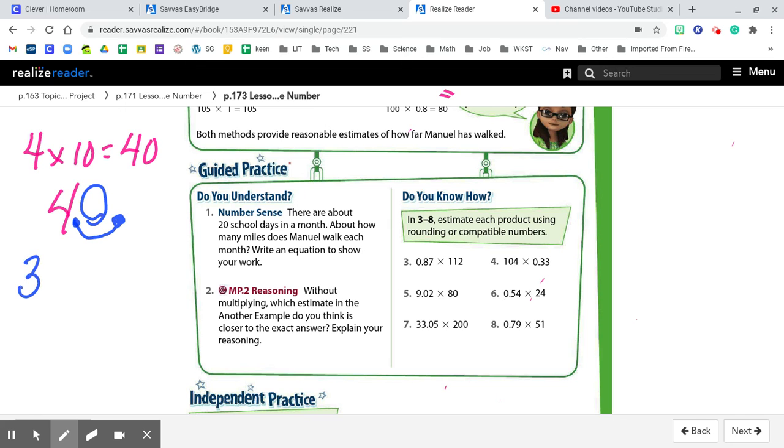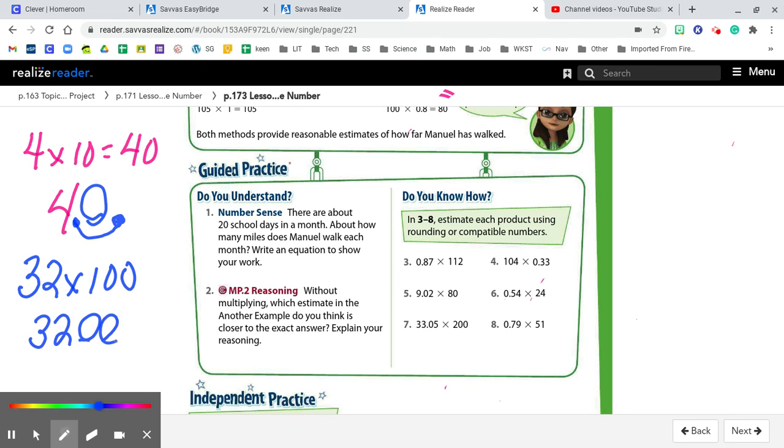So if you had 32 times 100, we said write down the 32, annex 2 zeros. But what you're really doing is you're taking that 32, which has an invisible decimal at the end of it, and you're moving it 2 places and you're annexing 2 zeros. So you've always known how to do this.